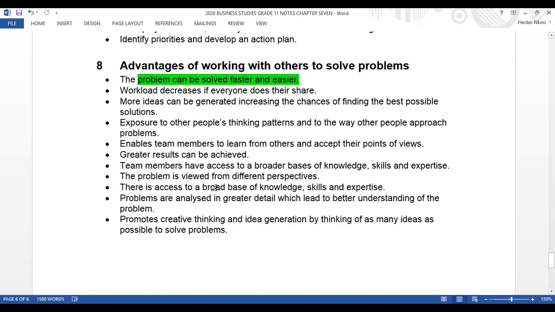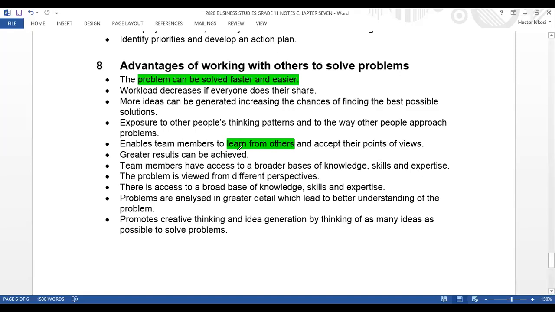The exposure to other people's thinking patterns and the way other people approach problems. Also, it enables team members to learn from others and accept their points of view. So we do learn from others when working with others to solve a problem.